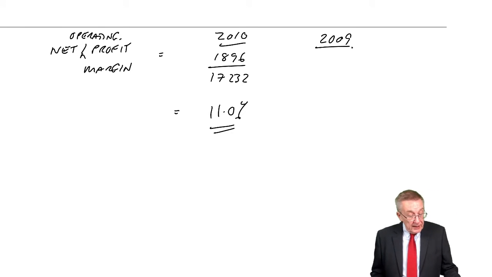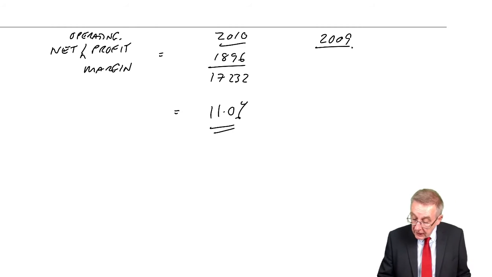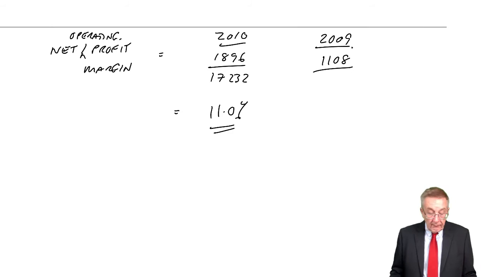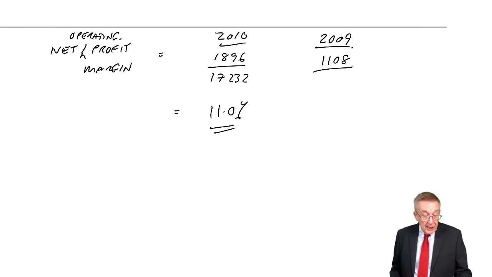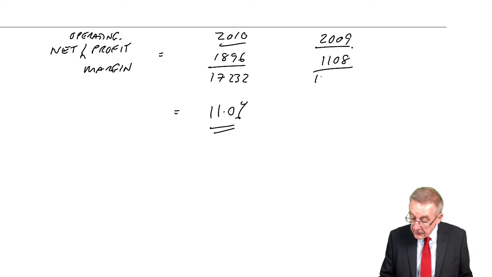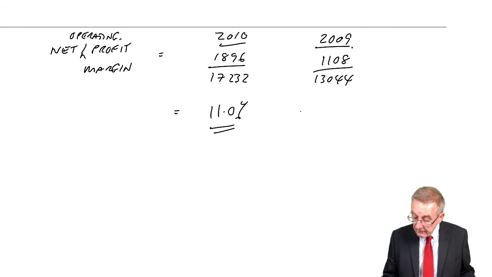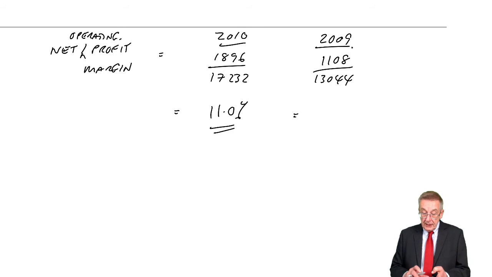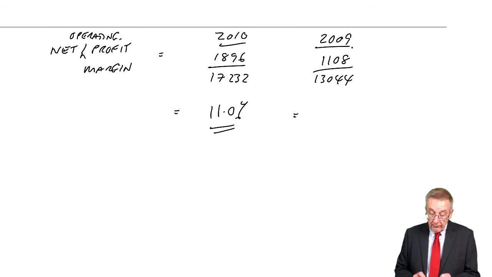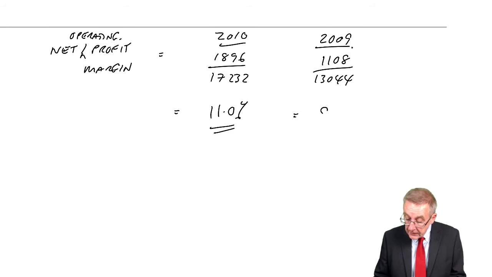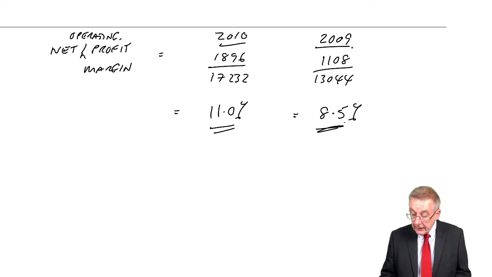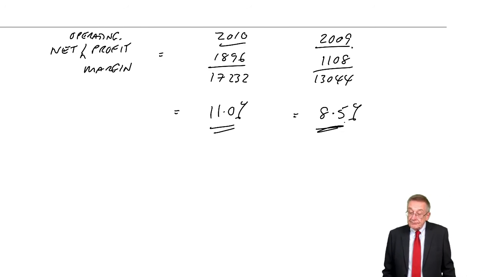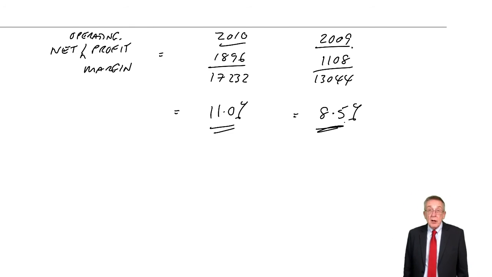The profit before interest and tax was 1108. It's lower, but the revenue was lower. The revenue was 13,044. So in percentage terms, it was 8.5%. So that's good. We're making a bigger profit margin.